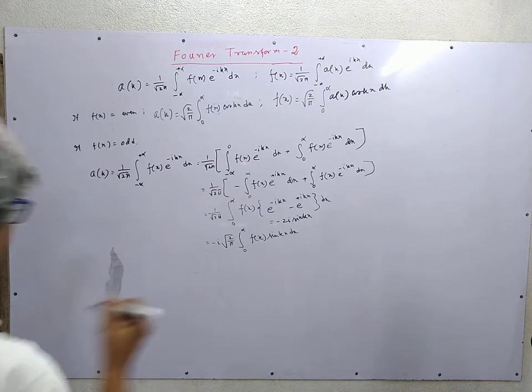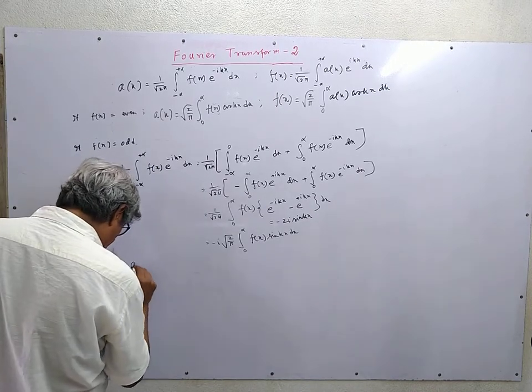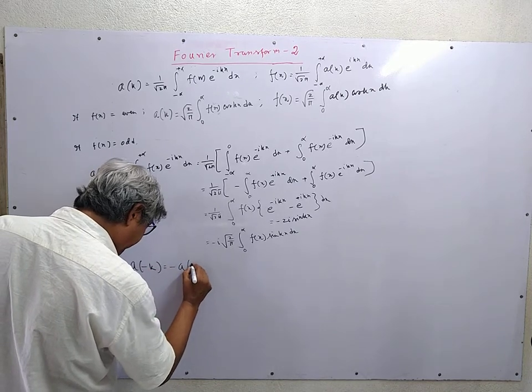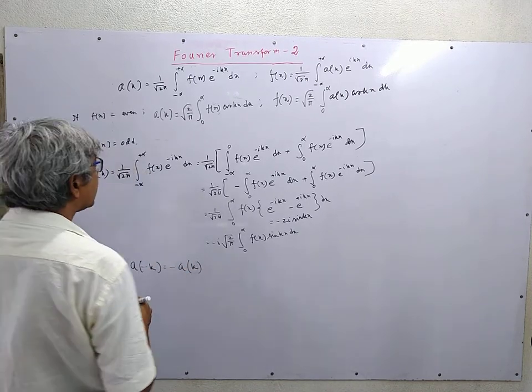And you see that a(k) is odd, a of minus k is equal to minus a(k).